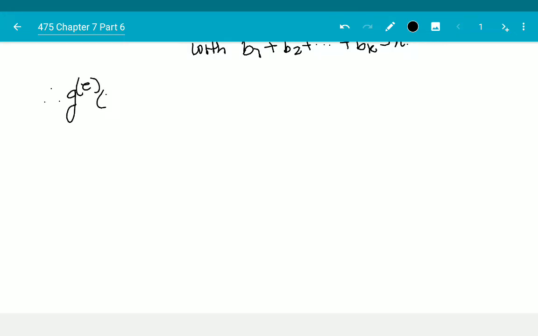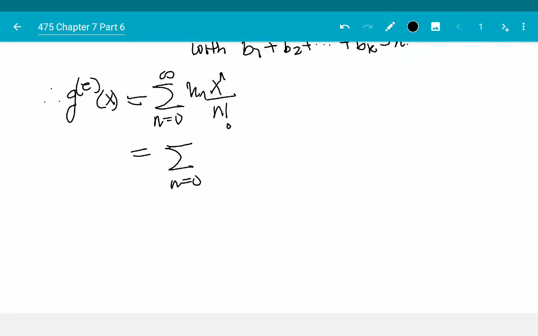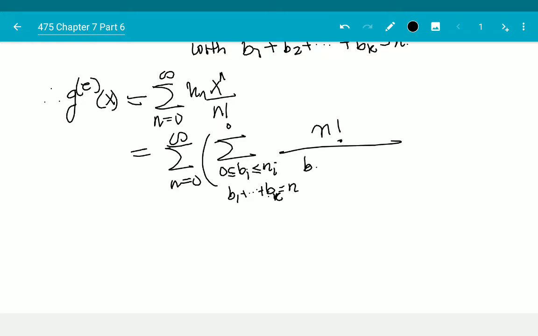Therefore, the exponential generating function is going to be the summation n is equal to 0 to infinity hn x to the n over n factorial, which is equal to the summation n is equal to 0 to infinity, summation over my sequence of bi's, 0 smaller than or equal to bi smaller than or equal to ni, b1 plus b2 plus dot dot dot plus bk is equal to n, of n factorial over b1 factorial times b2 factorial times dot dot dot times bk factorial, all times x to the n over n factorial.